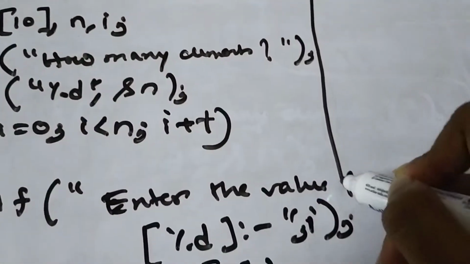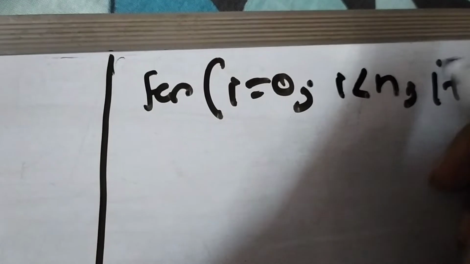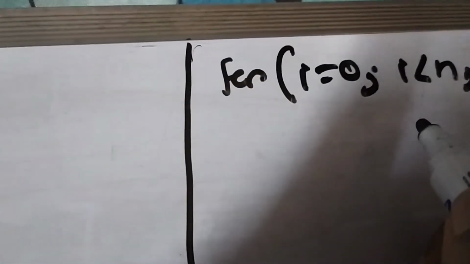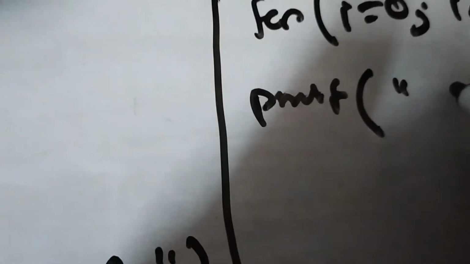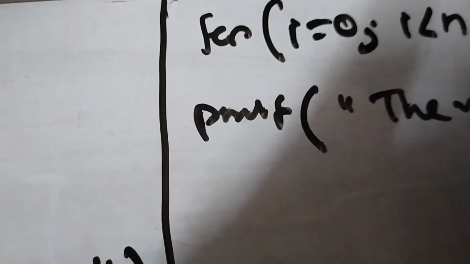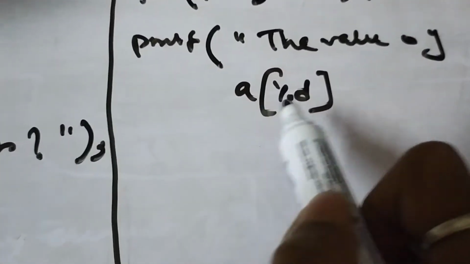Now due to shortage of space I am writing here, for i equal to 0, i less than n, again I am using the increment operator, printf("the value of a[%d] is %d", i, a[i]).